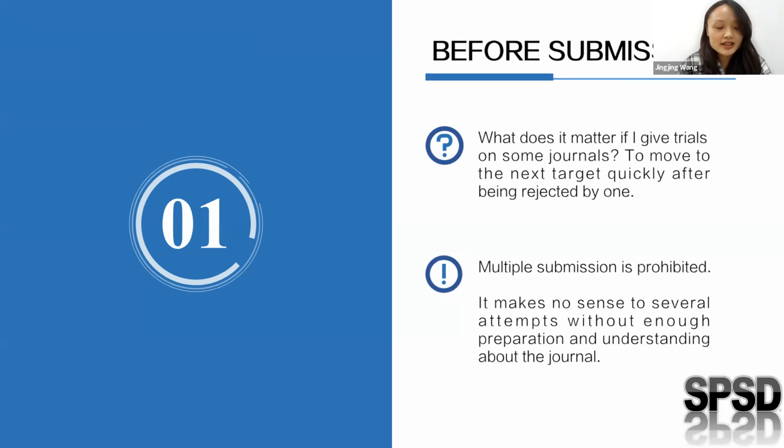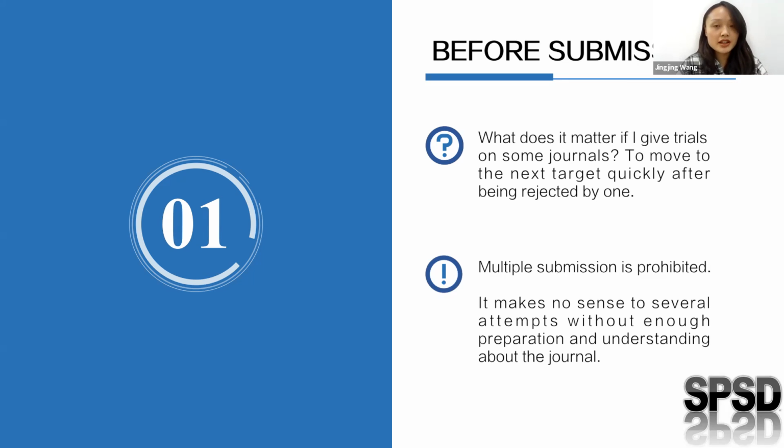And my point is, it makes no sense to make several attempts without enough preparation and understanding about the journal. It will even leave the editors a lower impression of the authors if the submission is obviously unprepared. So do not try meaningless submission.